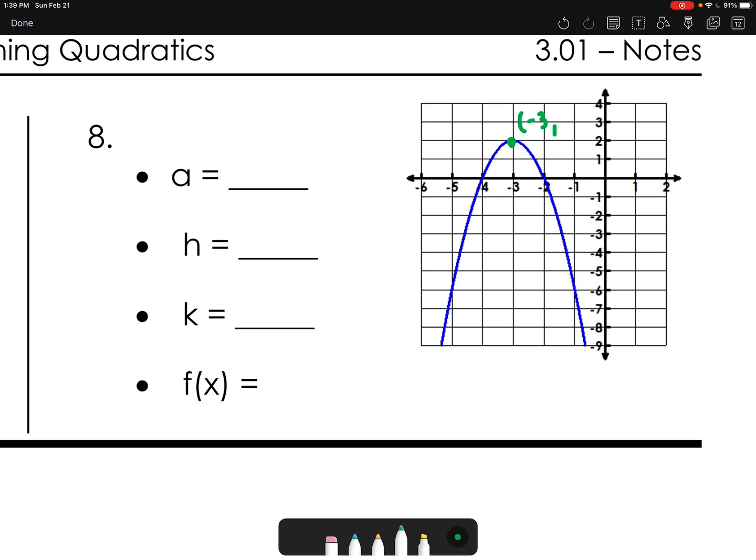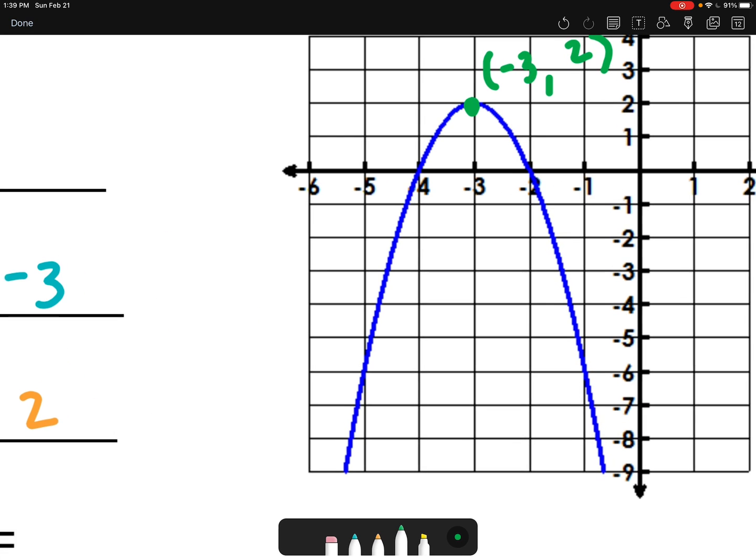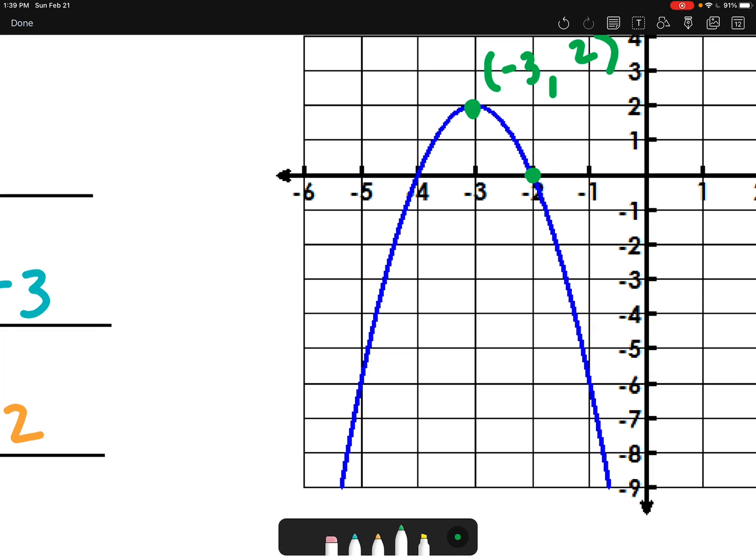Okay, so vertex. First thing, we are at -3, 2. And so my h value is -3. My k value is 2. Now let's find a. So here I see my next pretty point is it crosses the x-axis right here. So I want to go to the right and down that way. So I'm going to go down 2 to the right 1.